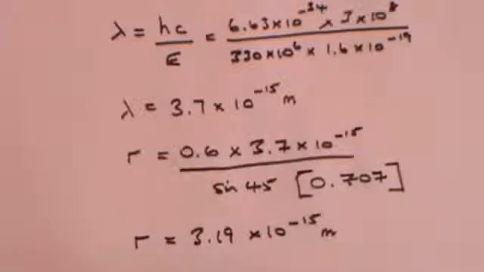So we're getting more accurate, but we're still getting confirmation that the radius of a nucleus, or in this case the radius of a tin nucleus, is of the order of 10 to the minus 15 meters.